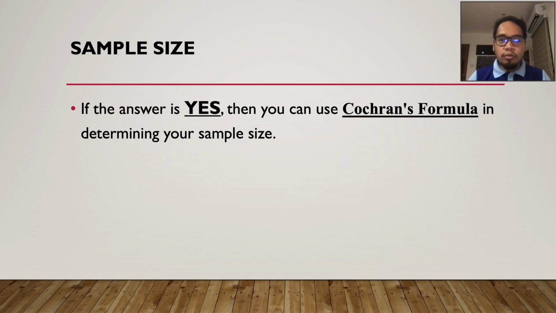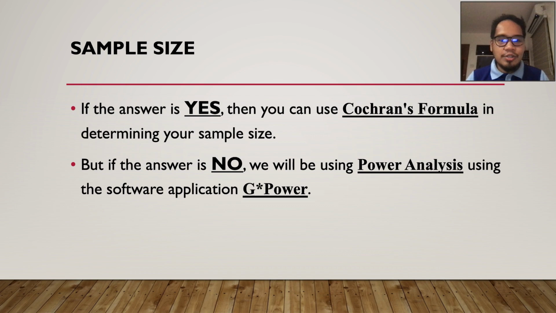I'm going to show you later that we don't really need to manually do Cochrane's formula. As long as you have the population size, we can just Google calculators online and produce the sample size.